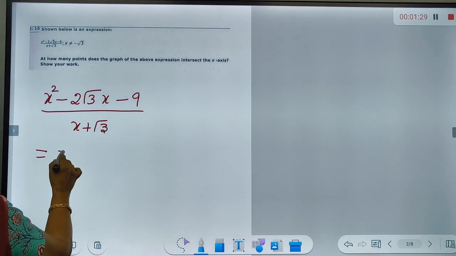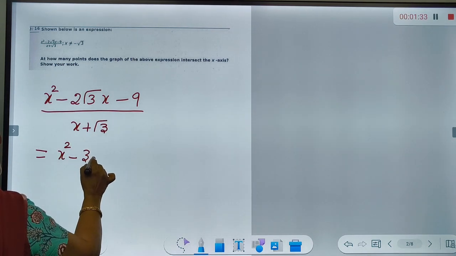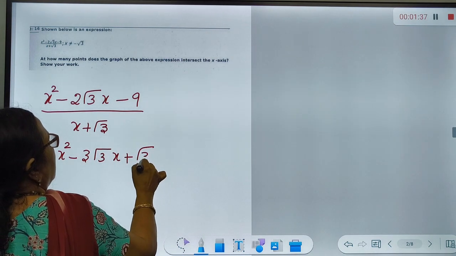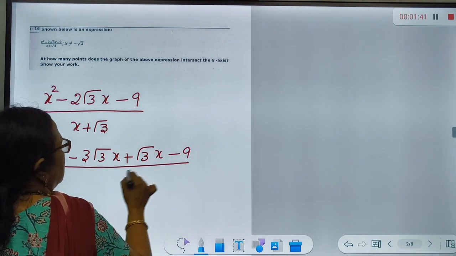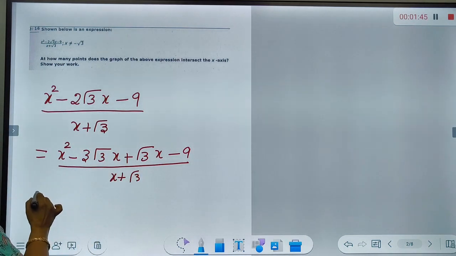This can be further simplified, on factorizing the numerator, to x square minus 3 root 3 x plus root 3 x minus 9 by x plus root 3. I have factorized the numerator.